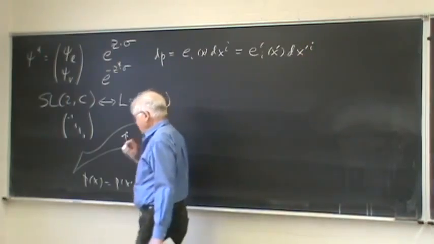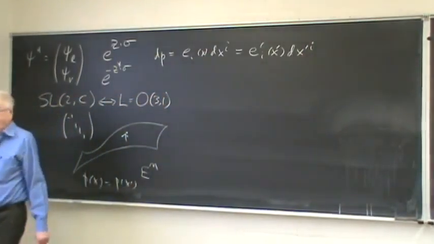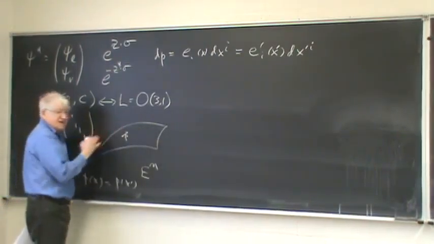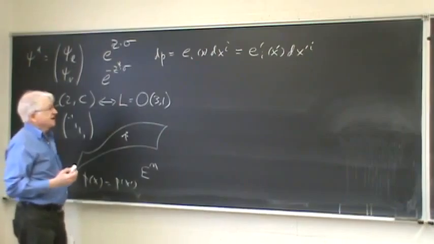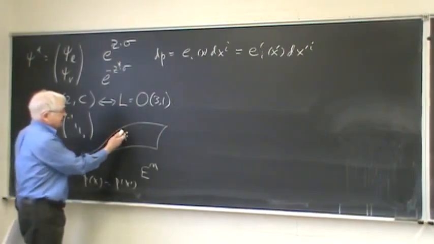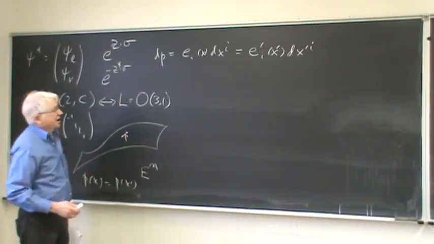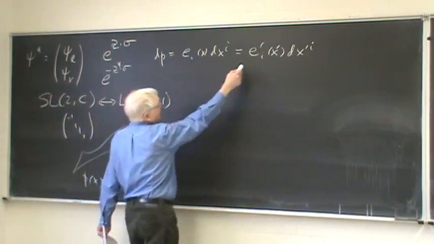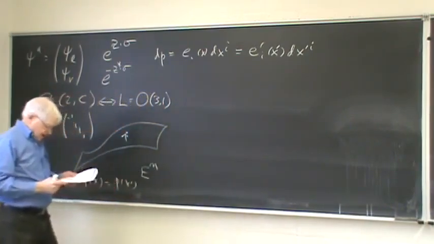In other words, we can have two coordinate systems or any number of coordinate systems describing points on the space-time manifold, and when we change the position, that infinitesimal change has got to be the same in both coordinate systems.